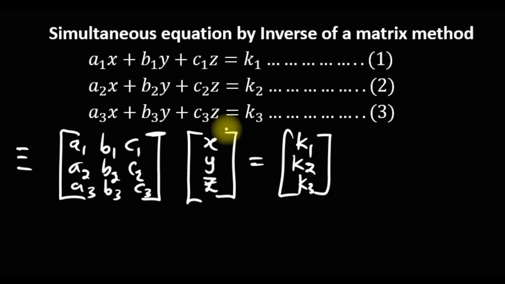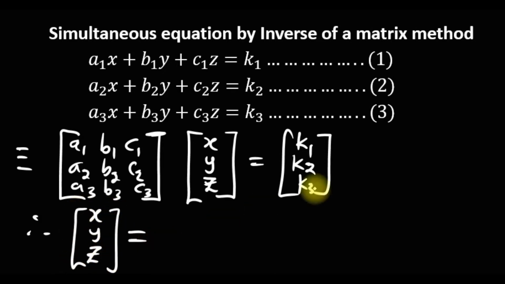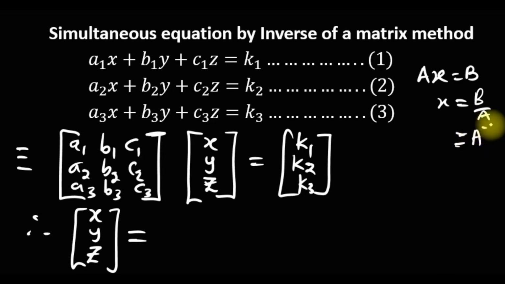So we'll form a matrix, and remember what we are looking for is X, Y, and Z. Therefore, let's make X, Y, and Z the subject of the formula. Okay, let me just explain something before I go to this. Assuming we are asked to find X given AX equals B, we divide both sides by A, so X equals B over A. And in mathematics we can write B over A as A raised to the power minus 1 times B. So if you compare, this is A, this is X, and this is B. We are looking for X, which is this.